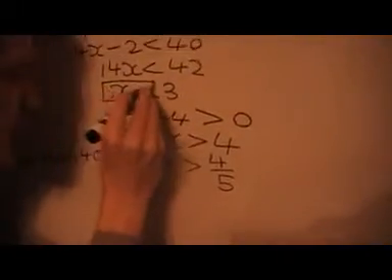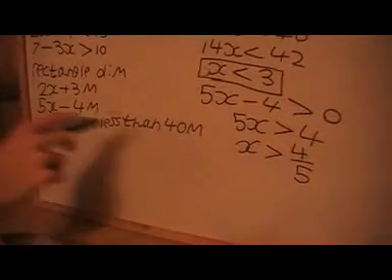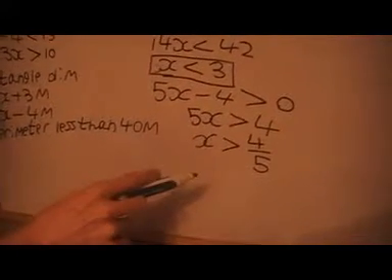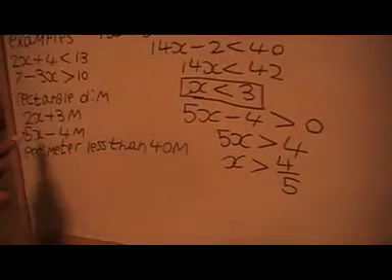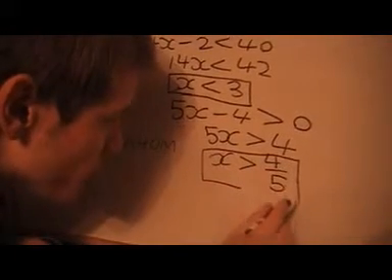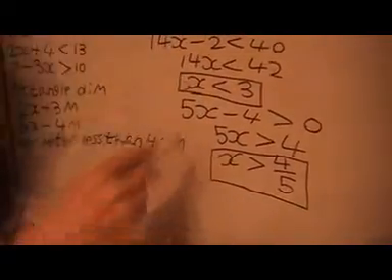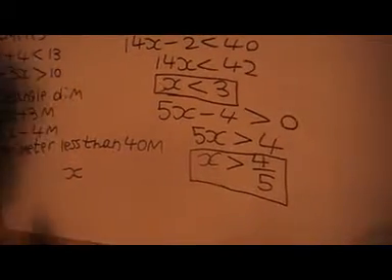So notice we've got 2 conditions here. x has to be less than 3, but also, so this length here isn't negative, because we're not allowed a negative length, x has to be greater than 4/5, because if it's not, then that would turn out to be minus, which isn't allowed. So these are our 2 conditions here, and it has to satisfy them both at the same time.